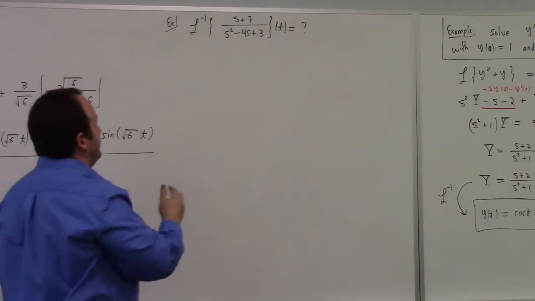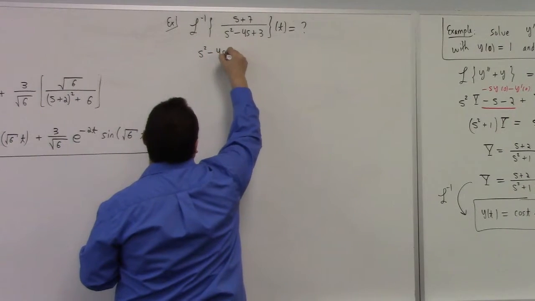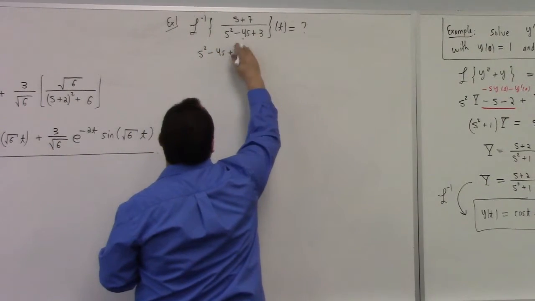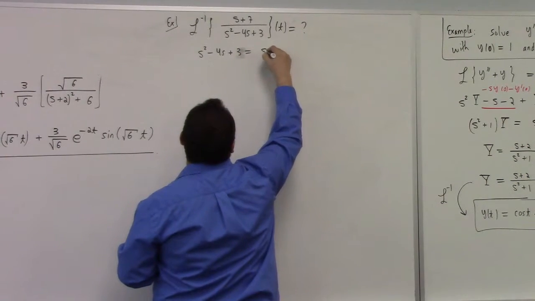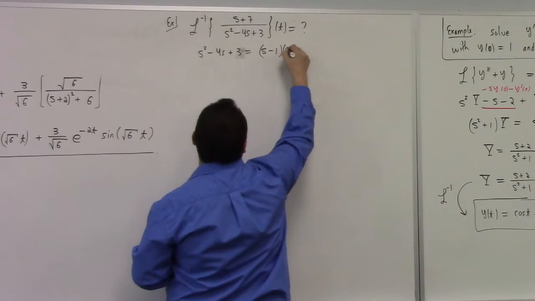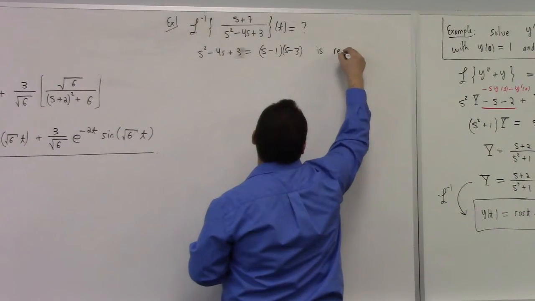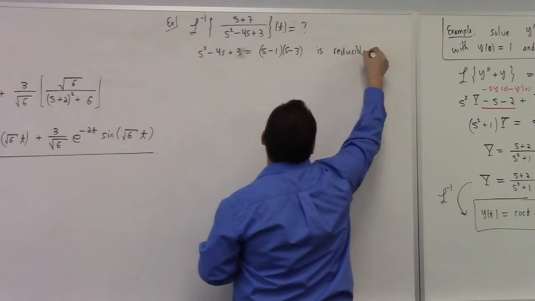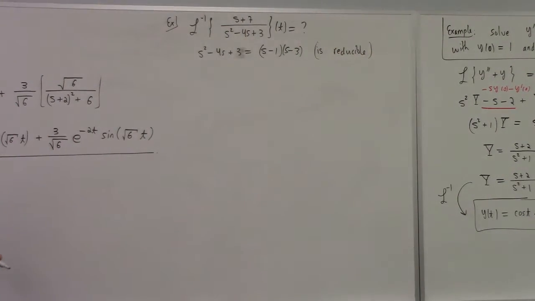Well, notice that s squared minus 4s plus 3 is equal to what? That's equal to s minus 1 times s minus 3, right? This is reducible. In contrast, the other one was irreducible.